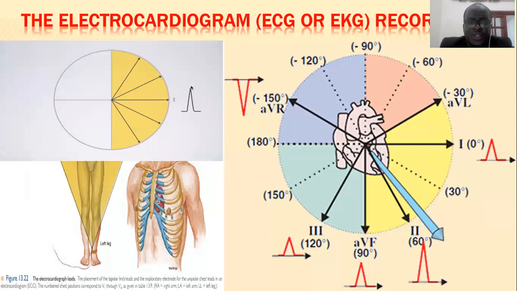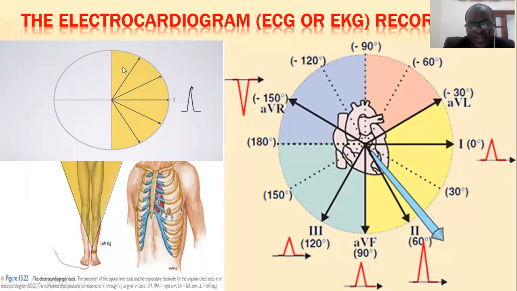Okay, so we proceed. Now we're looking at lead 1. If you draw a circle here, your lead 1 is at 0 degrees. So any vector in this part of the circle towards lead 1 means that lead 1 will give you a positive deflection.